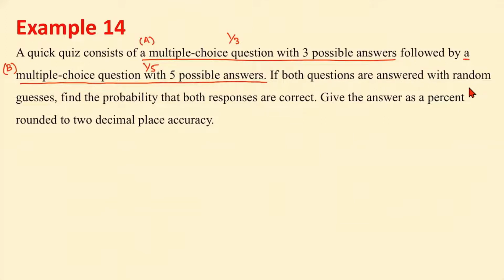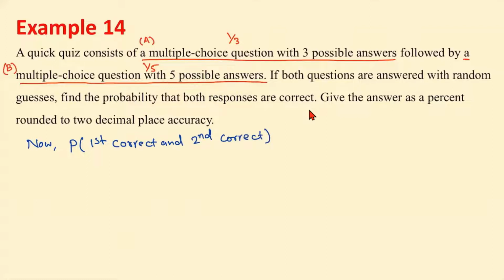If both questions are answered with random guess, we have to find the probability that both are correct, that is, the first is correct and the second one is also correct.